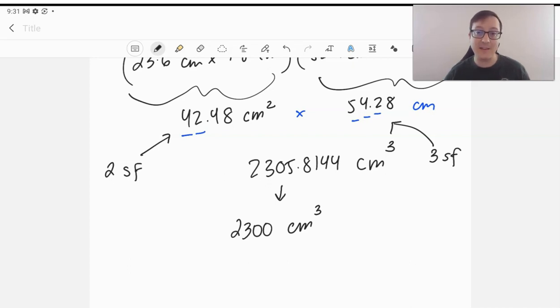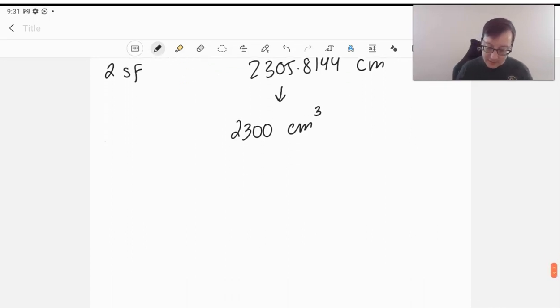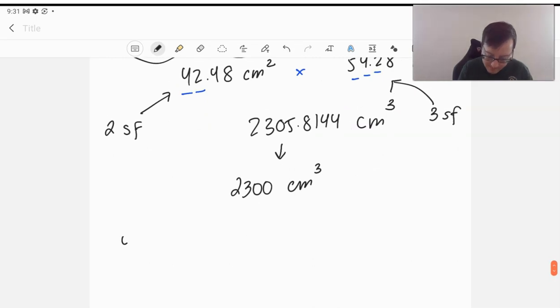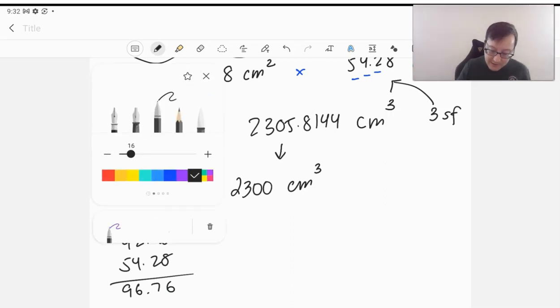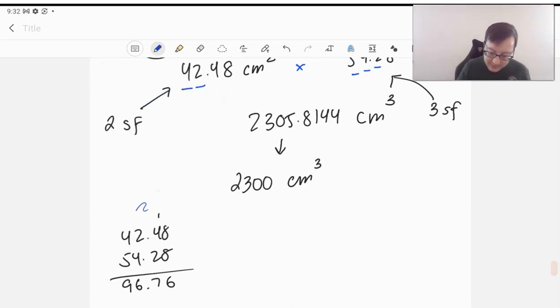If we had added these numbers together, we would round to the tenths place. Let's just see what that would look like. If we were adding them instead, 42.48 plus 54.28 gives 96.76. Again, we need to now keep where our significance is.